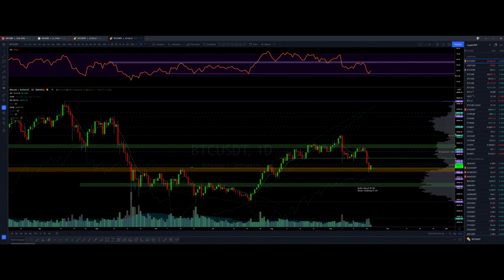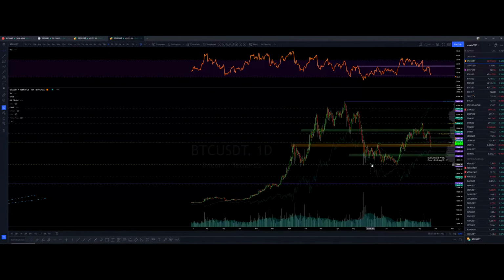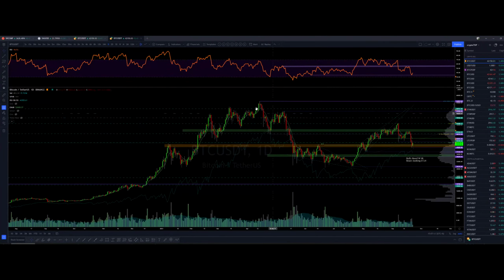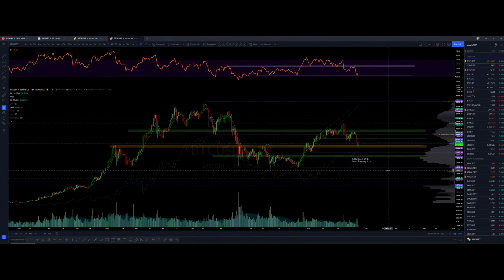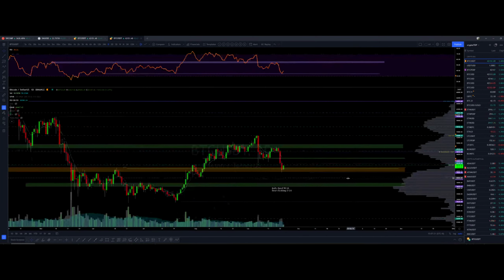And bears are going to be looking to fill up their shorts, because this could be the start of a massive bear trend which could take us back to 20k. So yeah, nothing.